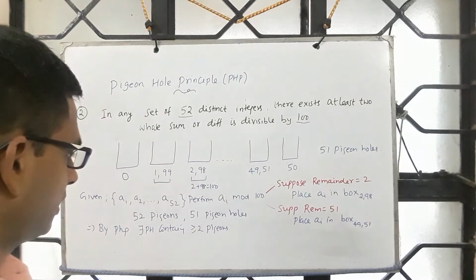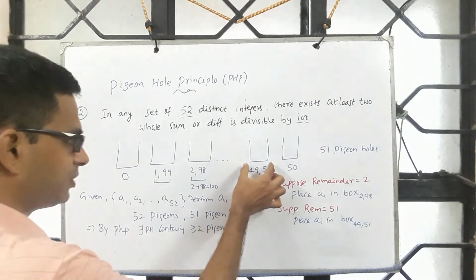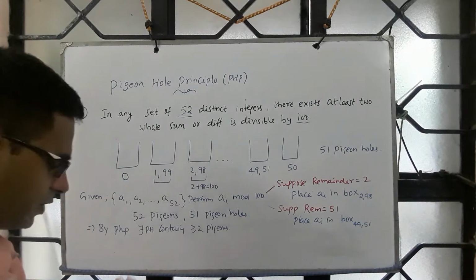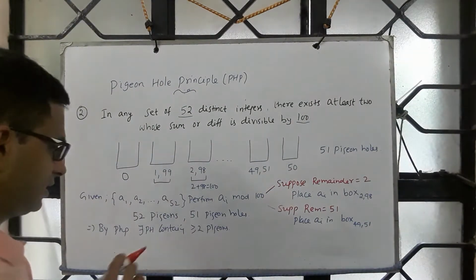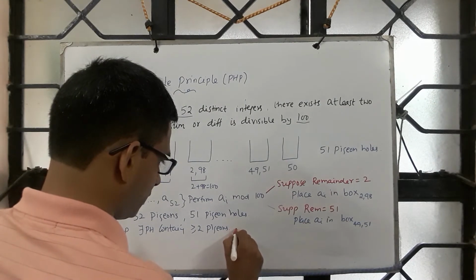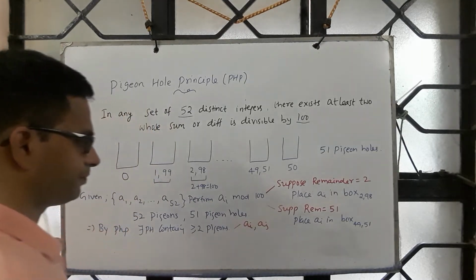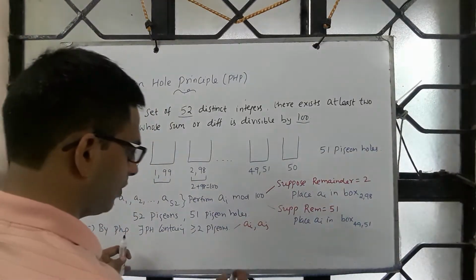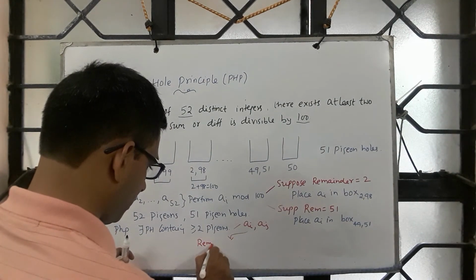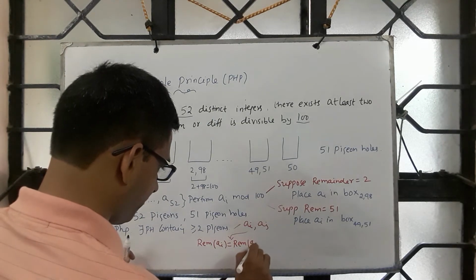Correct? Now maybe this box contains at least 2, or maybe this box contains at least 2, or maybe this box contains at least 2, so it could be anything. So there is a box containing at least 2. So that contains AI and AJ. Now what all can happen? Remainder of AI is same as remainder of AJ.